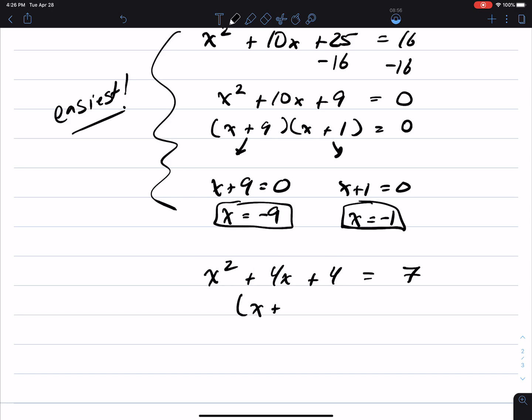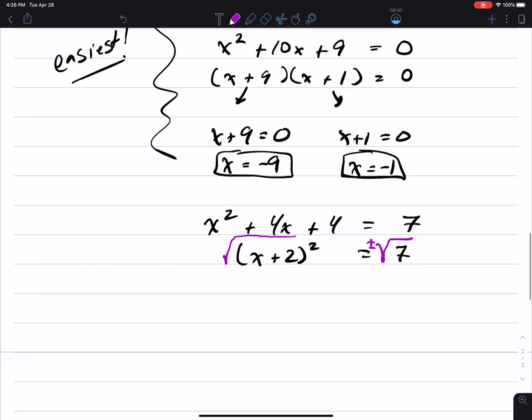That factors as x plus 2 squared equals 7, okay? And we like that because what can we do? We can take the square root of both sides, okay? Not forgetting to write plus or minus there on the root 7, okay? And so that gives us, forgive me, okay, x plus 2 simply equals, and here you just write plus or minus root 7.